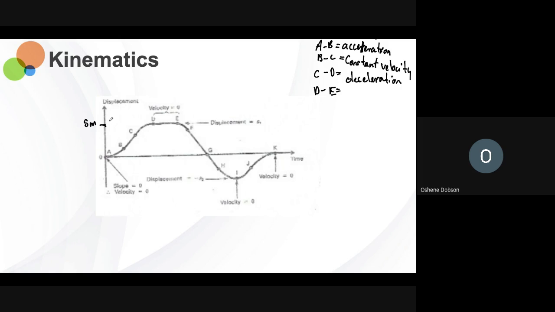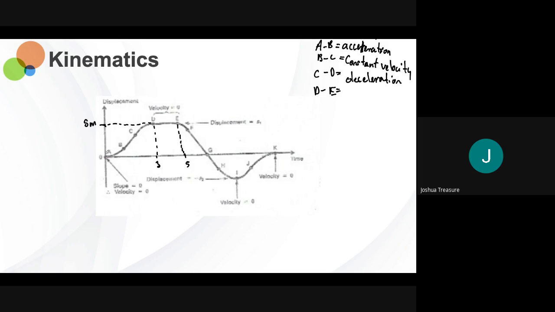Is it moving from 5 meters? No. So what does that mean? This is 3 seconds constant and this is 5 seconds. Is it accelerating? It's not accelerating. All right, think about the logic.